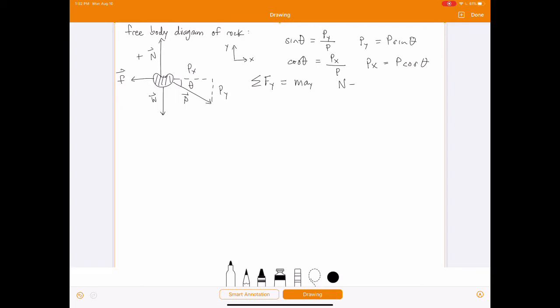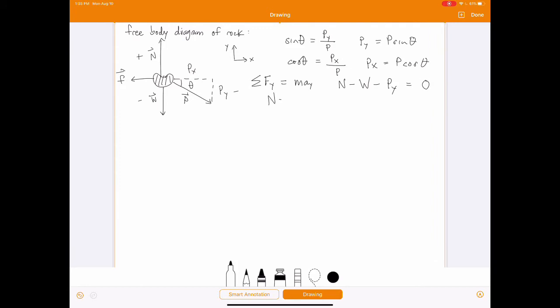We have the weight, which is negative, pointing downwards. And then we also have Py, which is negative because it's pointing downwards. What does that equal? Well, m times ay, but the rock is not accelerating in the y direction. If it were, it would be moving up or down, but it's just moving left and right. So we can say that the acceleration is 0 and put that on the right-hand side of the equation.